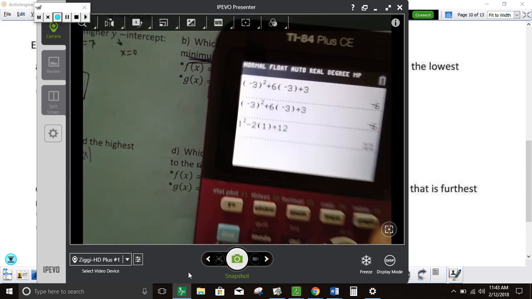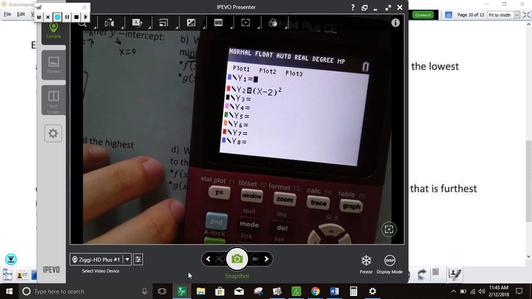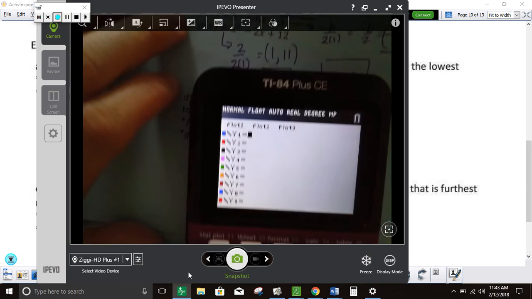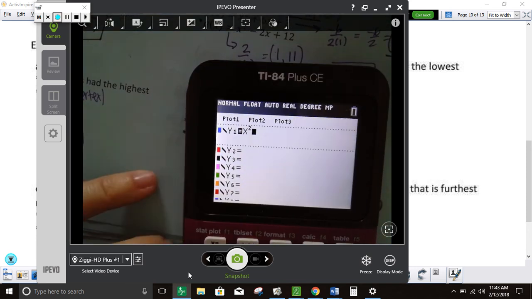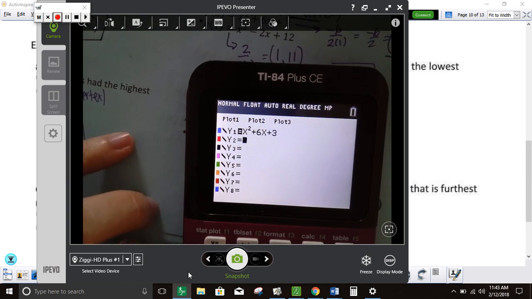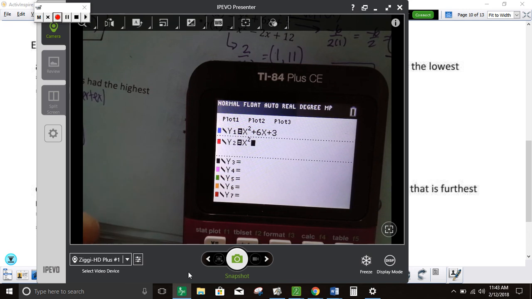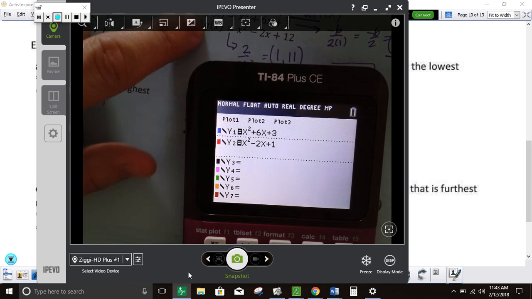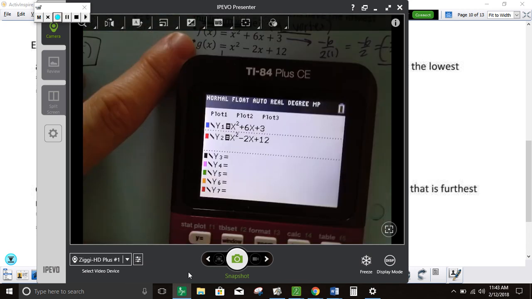So let's look at the calculator really quick. So clear that out. X squared plus 6x plus 3. Just check your functions really quick. Make sure they're the same thing as what they're supposed to be. So clear it out, and then graph those.